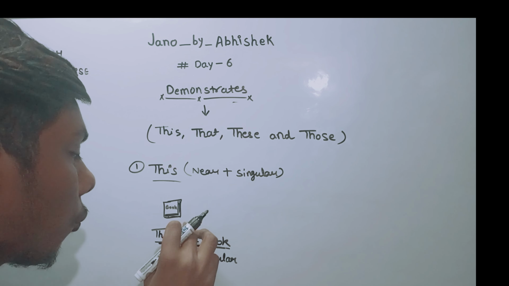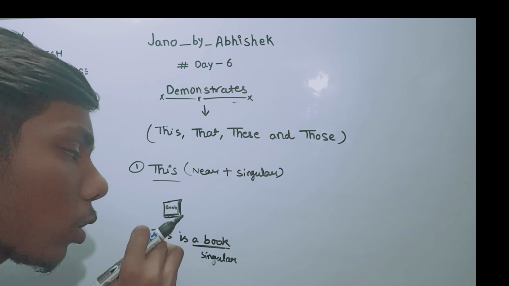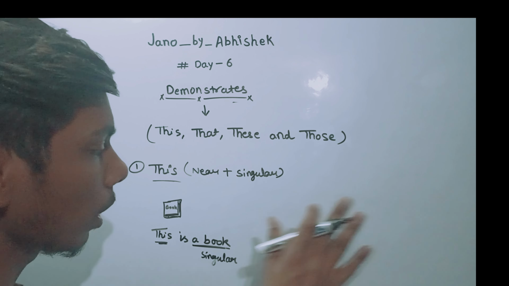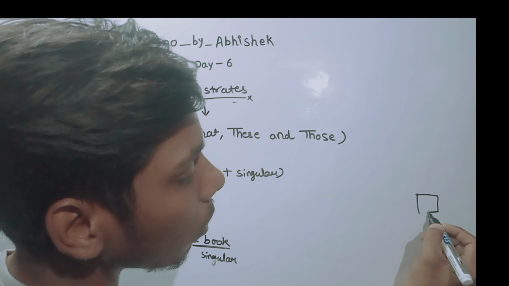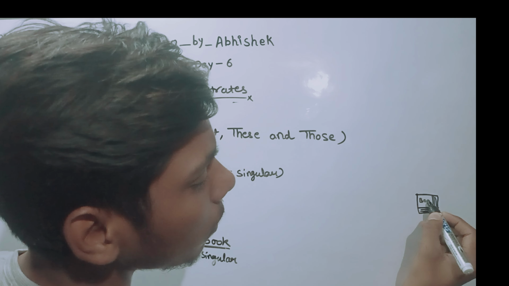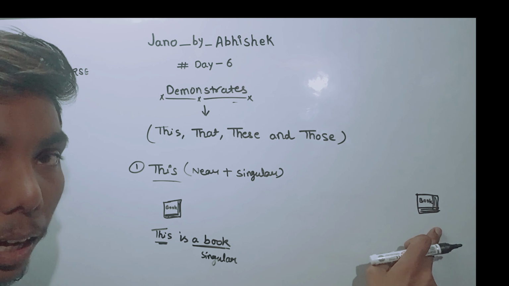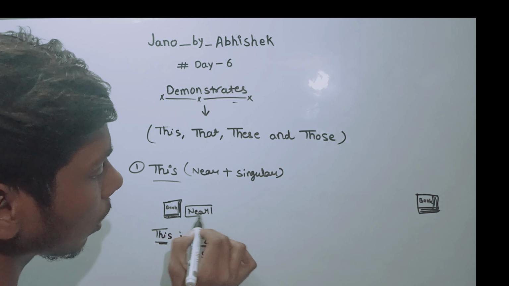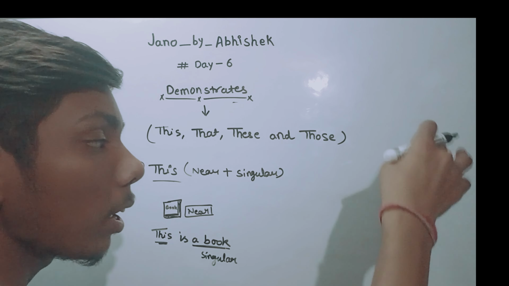Now let's suppose the same book is also singular, but it is not near to me, it is far from me. Let's suppose the book was near and now it is there, far away.